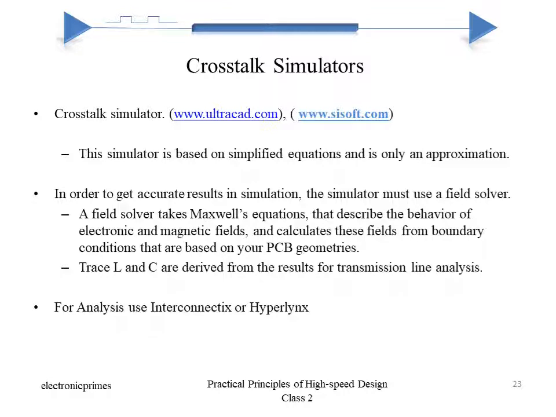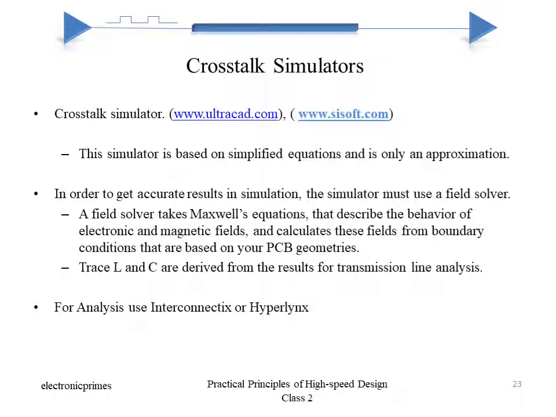Crosstalk simulators. You have tools like UltraCAD and SciSoft, but as I observed, these simulators are based on simplified equations and are only approximations. In order to get accurate results in simulation, the simulator must use a field solver.